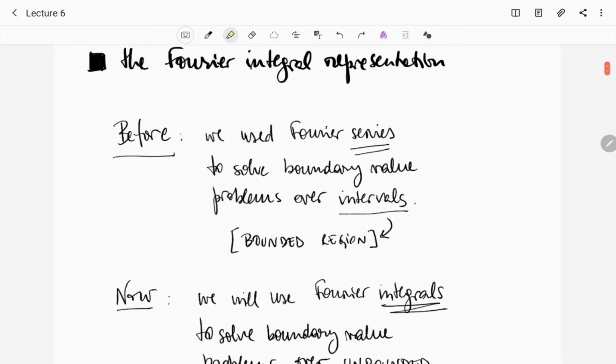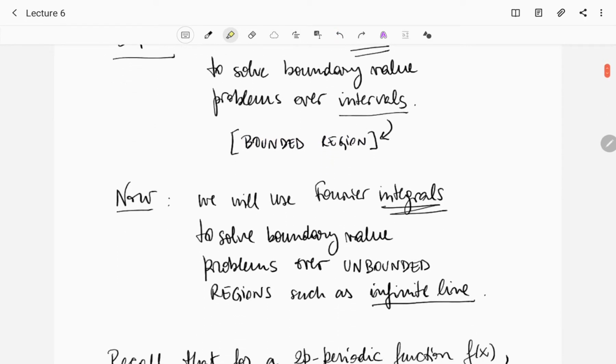So now we are going to use Fourier integrals, our new main element of the lecture, to solve boundary value problems over unbounded regions, such as the infinity line, like the whole R. Okay, so this is our situation today.